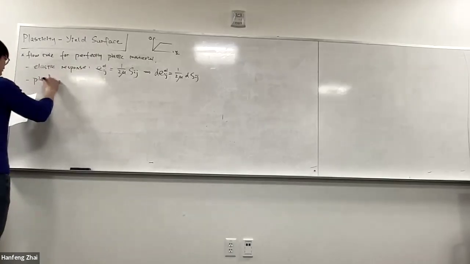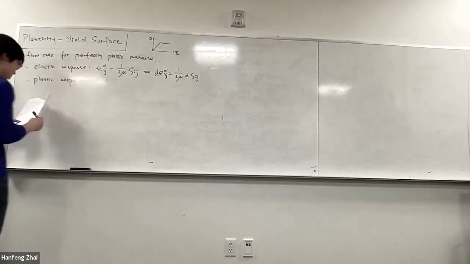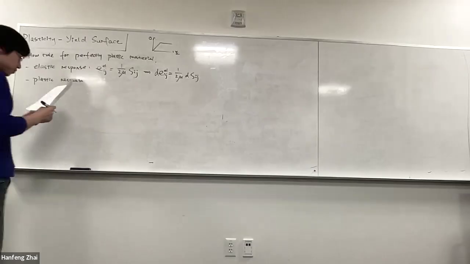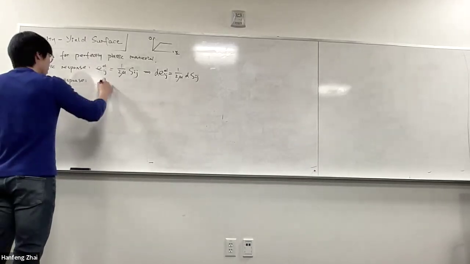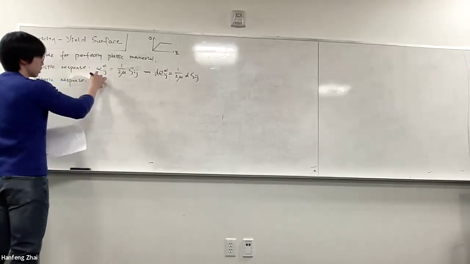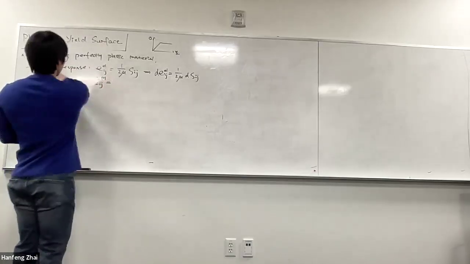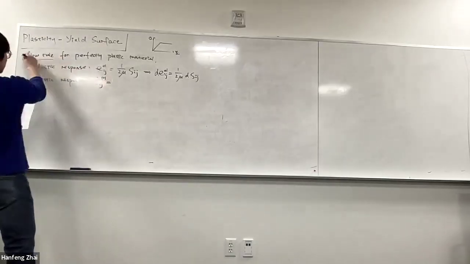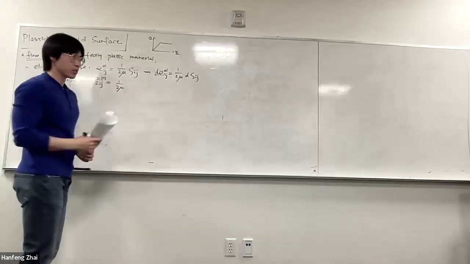Anyway, a plastic response would be, so plastic, here is a strain rate. So we're talking about the flow rule, right? This is the rate. It's 1/2 mu, and I hope we already know what the rate is, right?